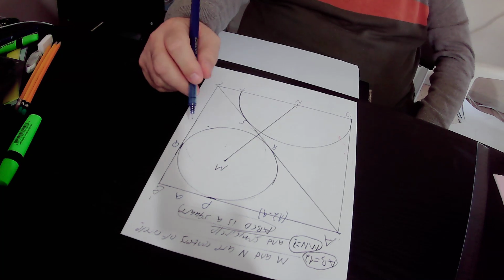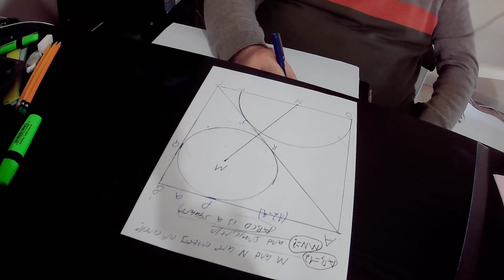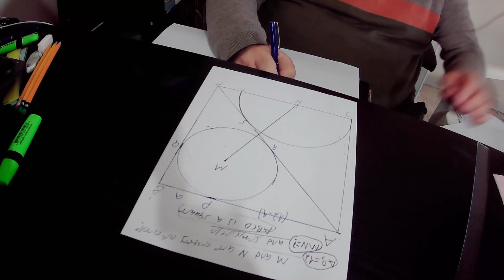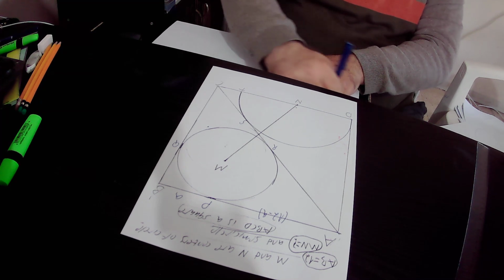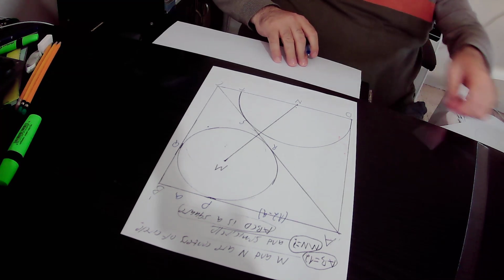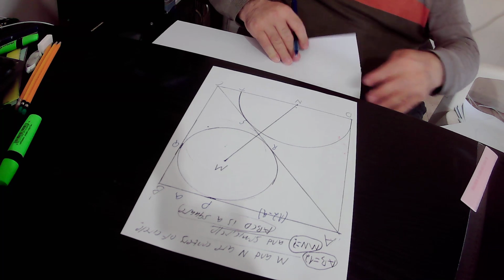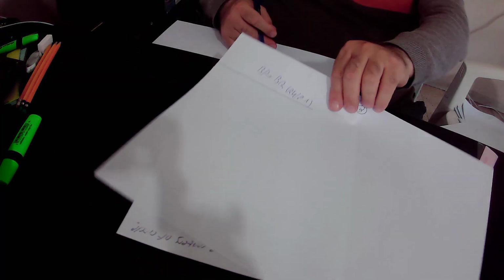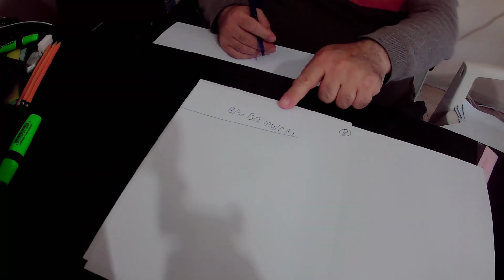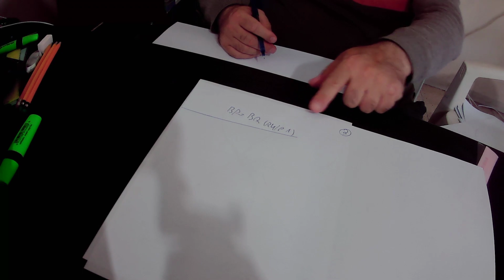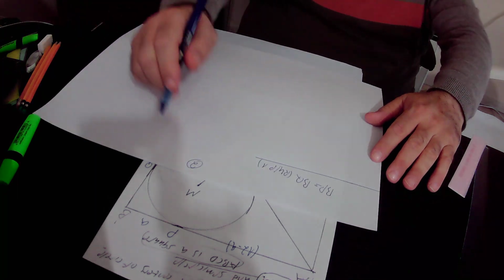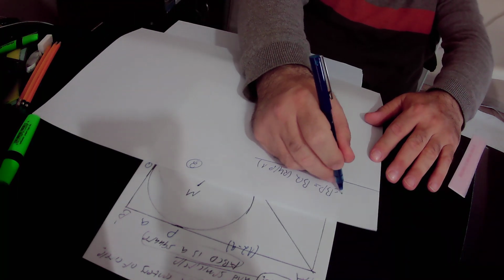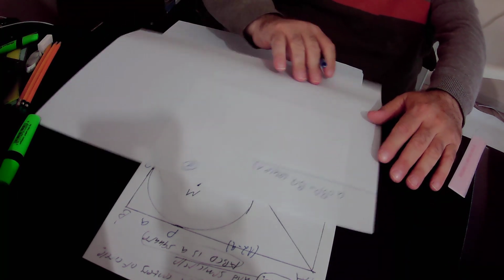And according to rule number 1, the lengths of those two tangents are equal to each other. That is to say, BP is equal to BQ according to rule number 1. But according to our definition, BP is equal to A. So we can write here that BP equals A.